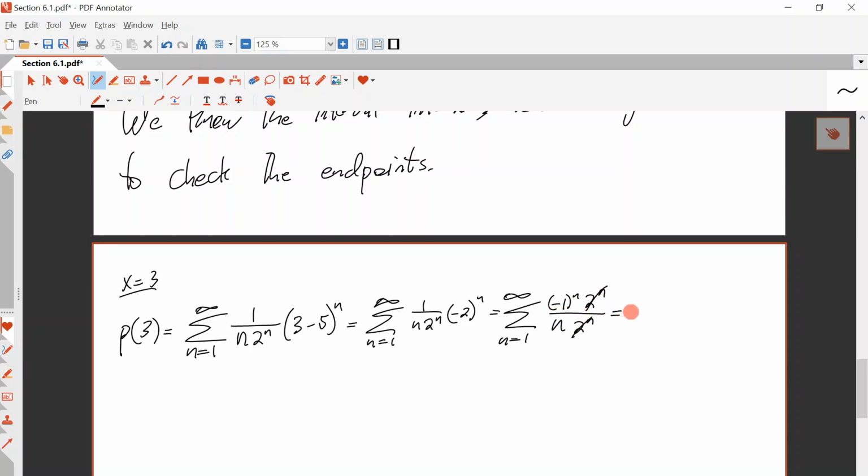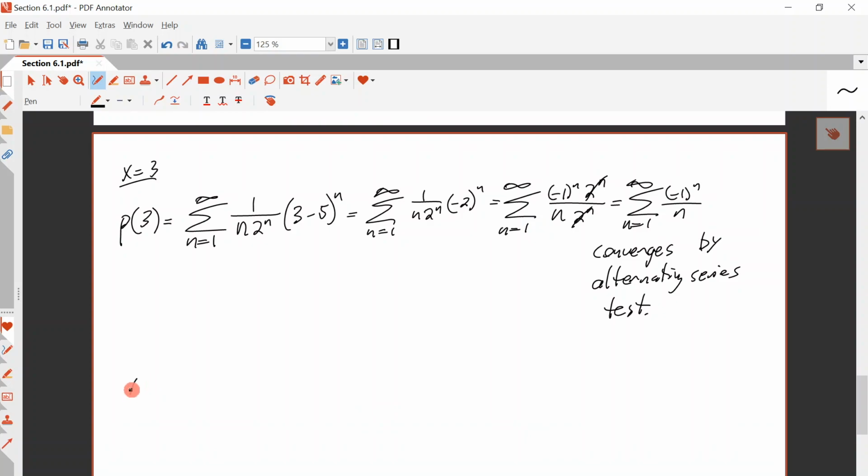These cancel, and we have the sum n equals 1 to infinity of minus 1 to the n over n, which is the alternating harmonic series. It converges by the alternating series test.